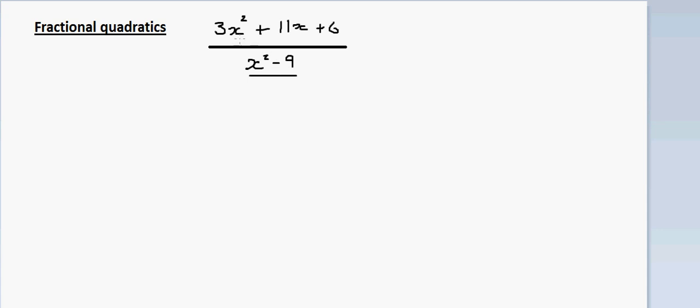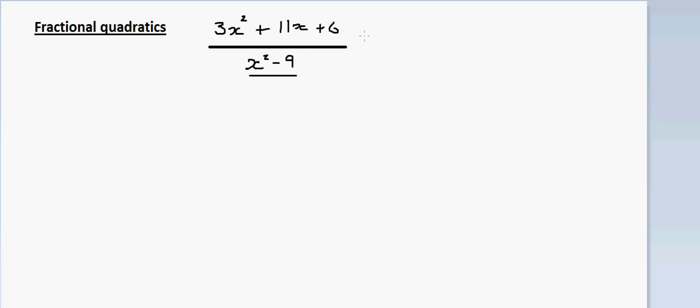Now also we have a quadratic here with a coefficient greater than 1. Okay, so again I've done a video on this as well, how to factorize this out. Now what they'll do is they'll say simplify. Okay, we can't solve anything, there's no equal sign, we'll never know what x equals, so we've just got to make this cancel down.